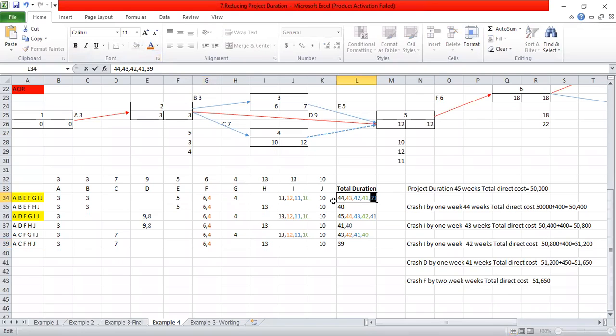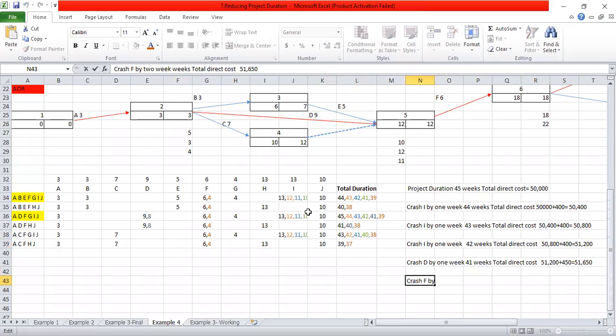If I made a mistake, please let me know, right? 38, 39 here, 38 here, again 38 here, 37 here. So crash F by 2 weeks.